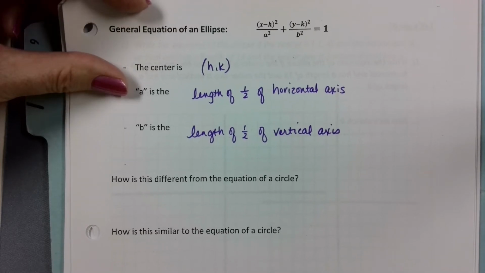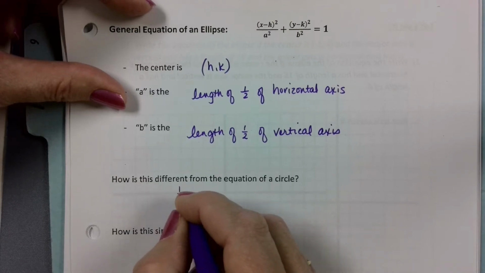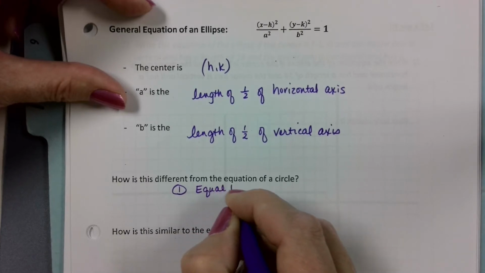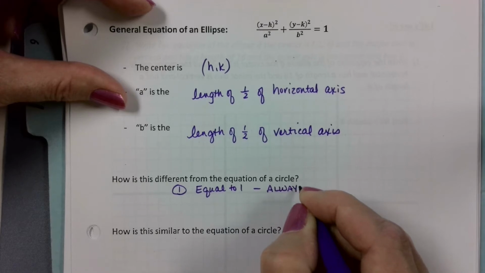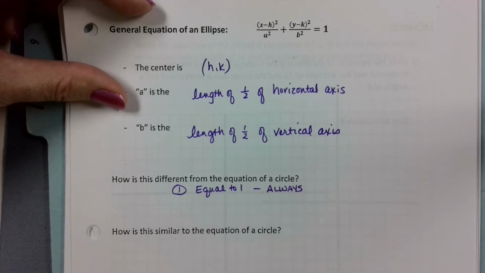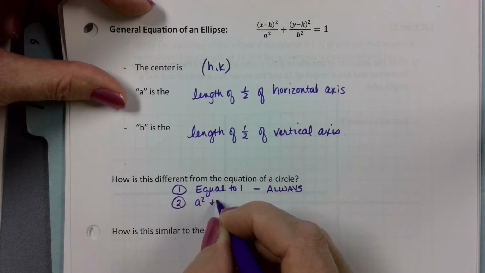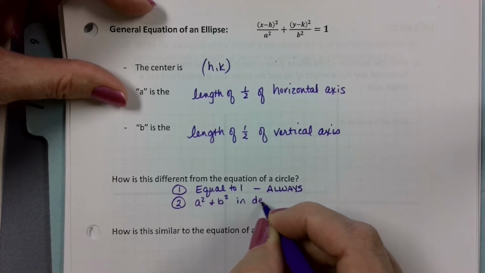It says, well, how is this different from the equation of a circle? Well, one of the things we said was that it's equal to 1. Always. If the radius of a circle is 1, it would be equal to 1, but that's the only case, right? The second thing is, you have an a squared and a b squared in the denominators.